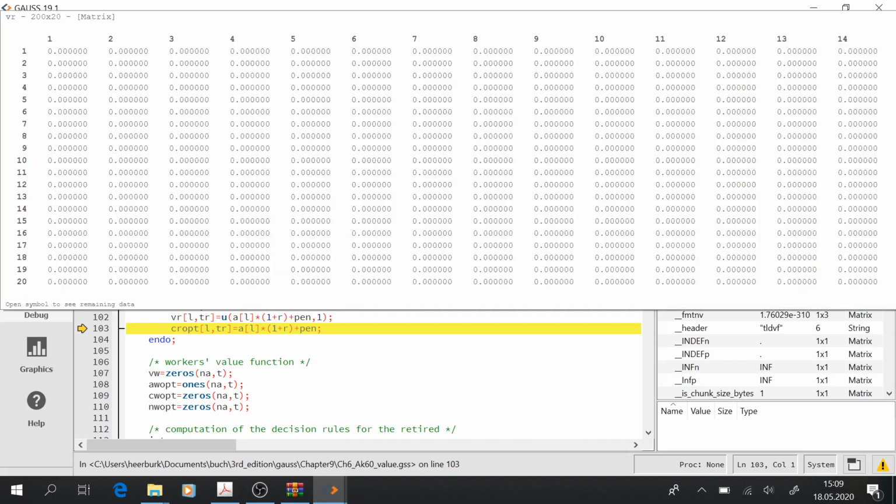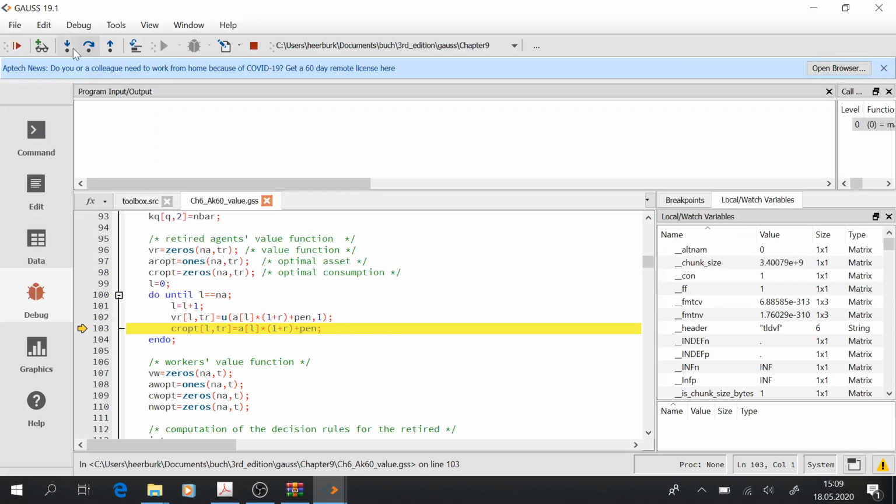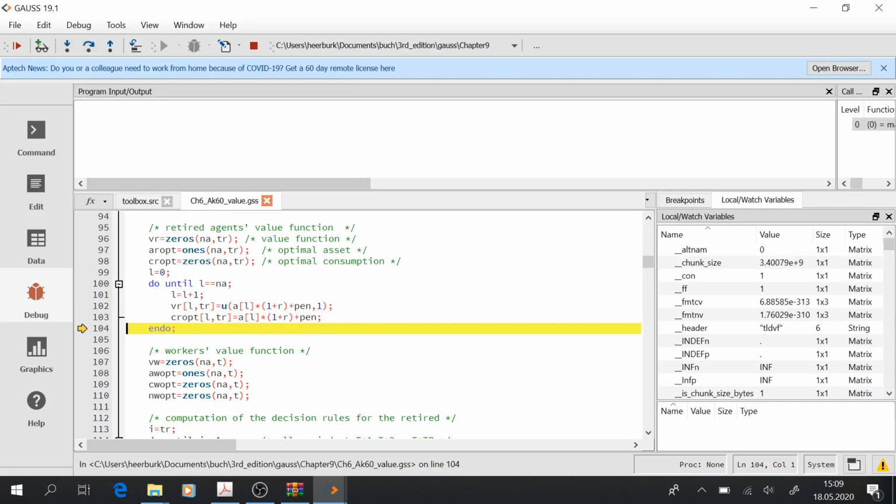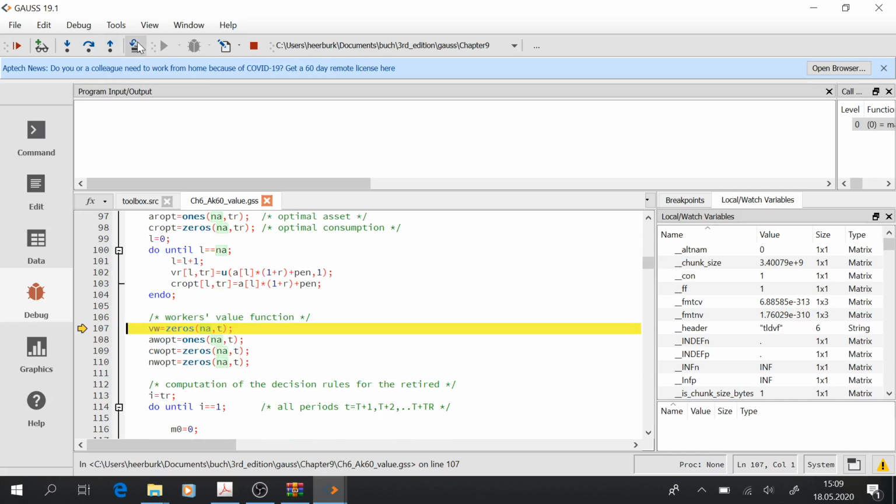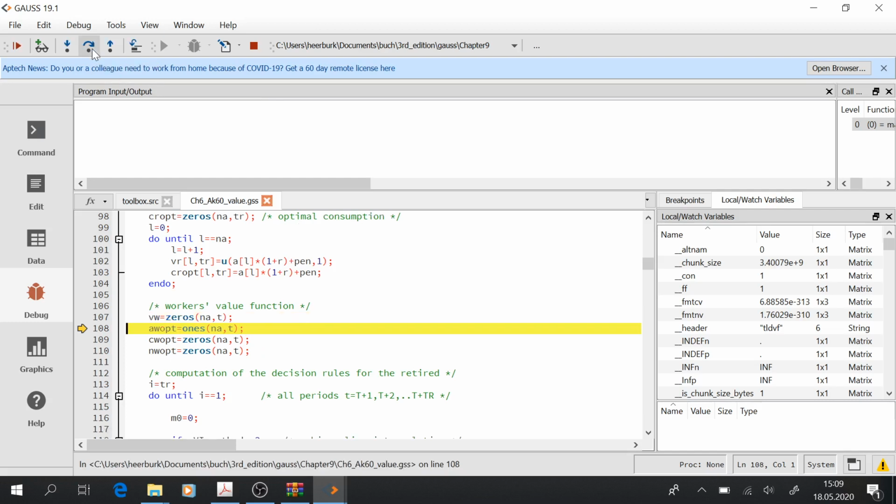And for our optimal consumption, we store our consumption A of L times 1 plus R plus pension. We do this over those 200 points, and everything is stored here in the value function. The value function and the policy function of the worker are initialized with 0.